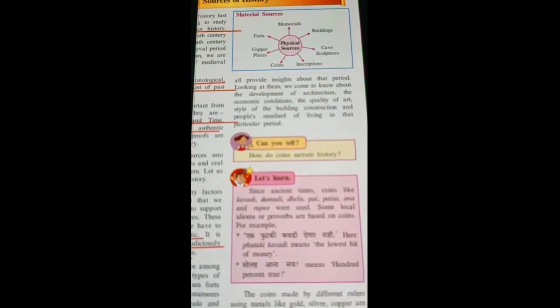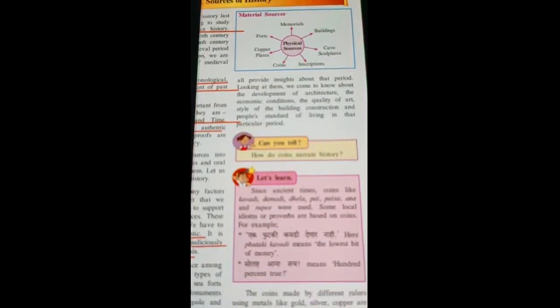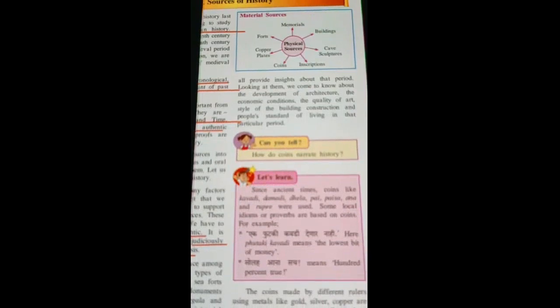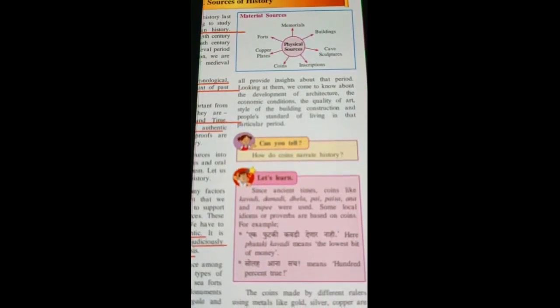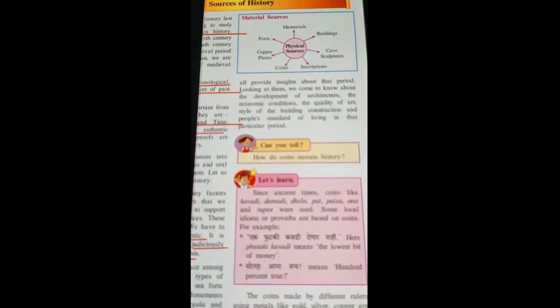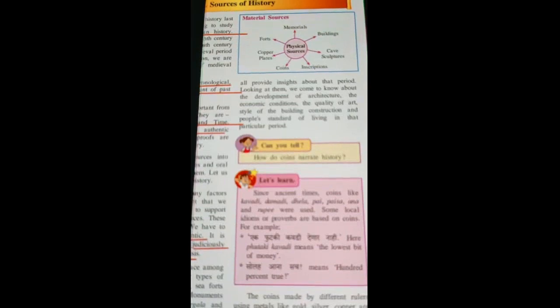From these coins, we can know about the rulers, their period, governance, religious ideas, etc. On some of the coins of Emperor Akbar, we can see the images of Ram Sita or Shiv Parvati, and on the coins of Hyder Ali, thus portraying religious coordination and the religious tolerance practiced by these rulers.